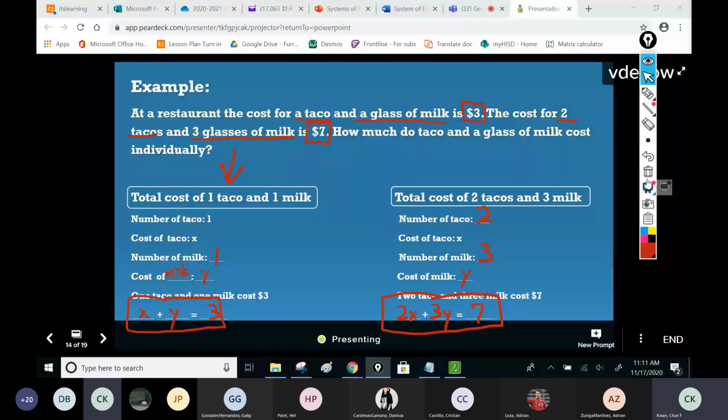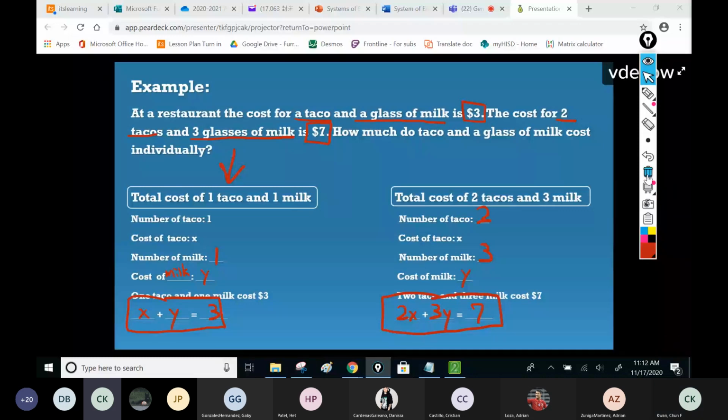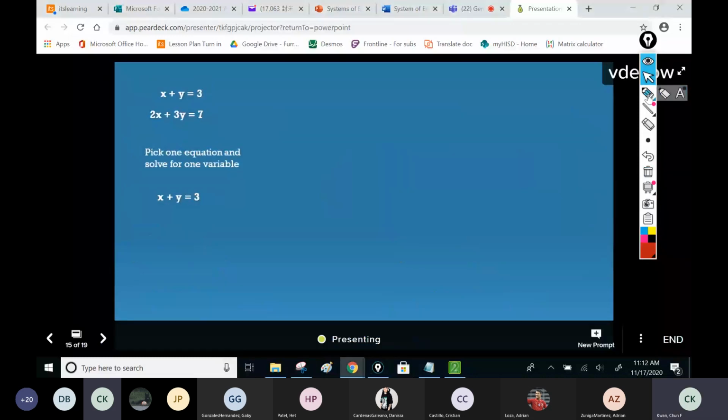All right, now that we got the 2 equations, we can go ahead and solve for the x and the y. So the first equation right here, x plus y equals 3. This one looks a lot easier, because it has fewer numbers, and there's no number in front of the variables.